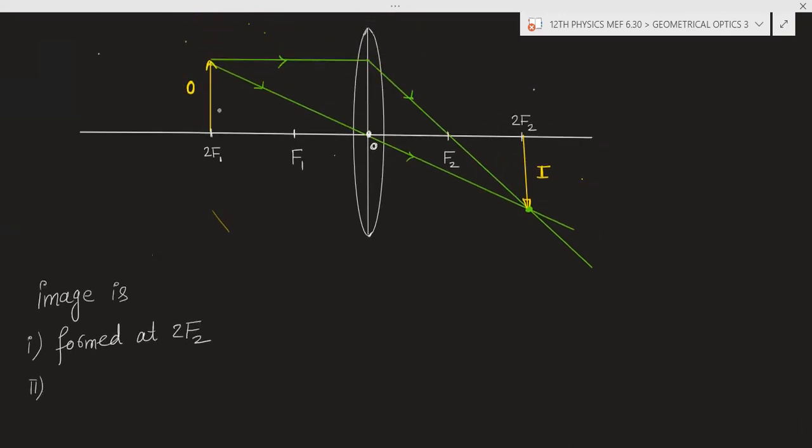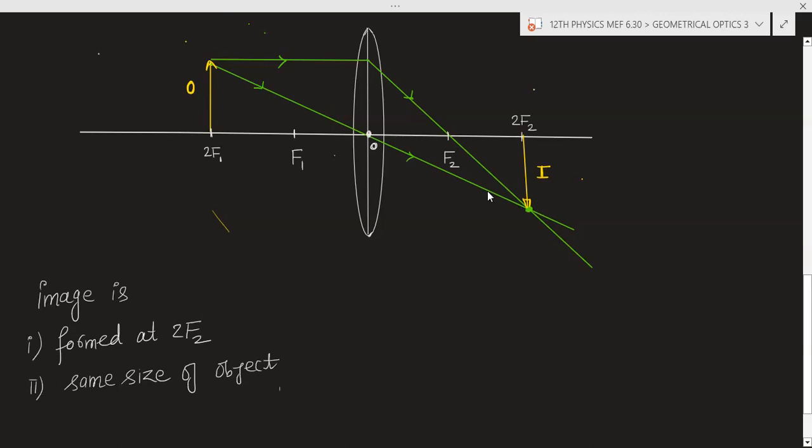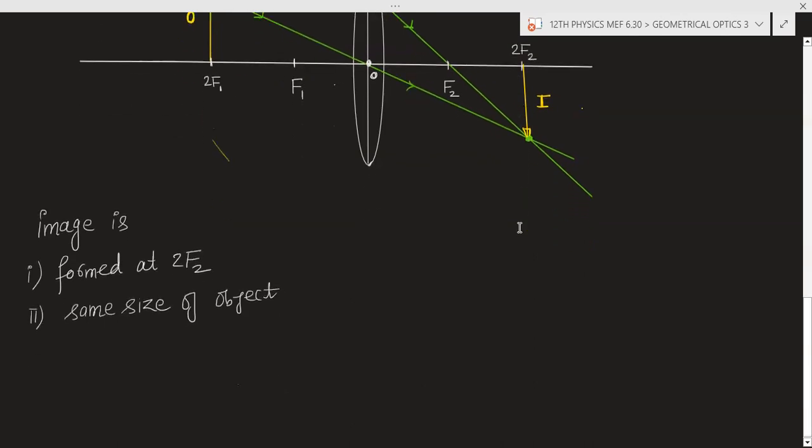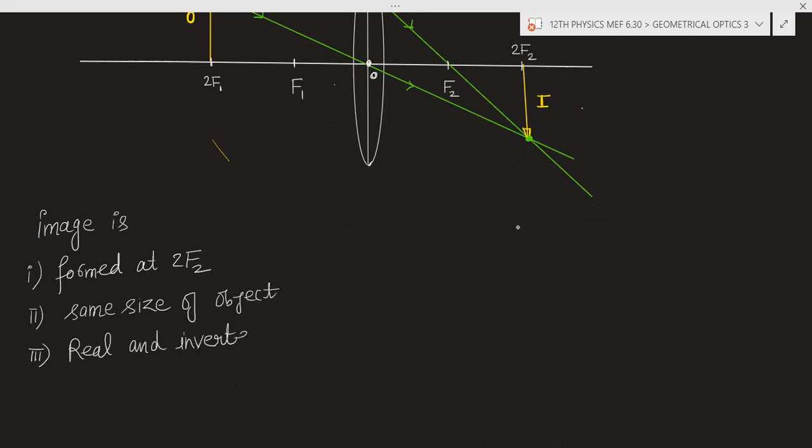So you can say same size of object. Another point, rays are actually meeting, so image will be real, and see the direction of arrows, image is inverted also. So image is real and inverted.